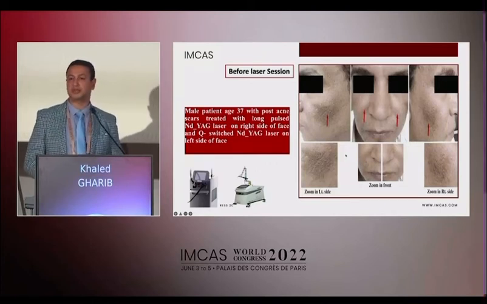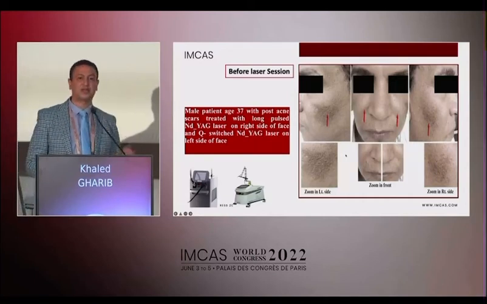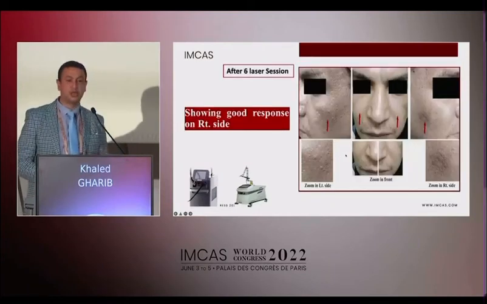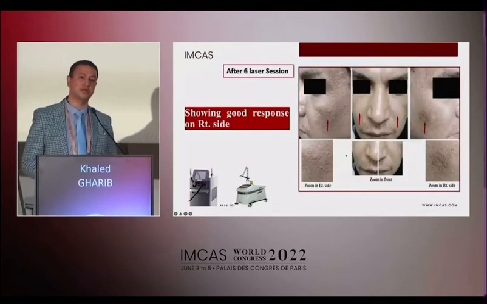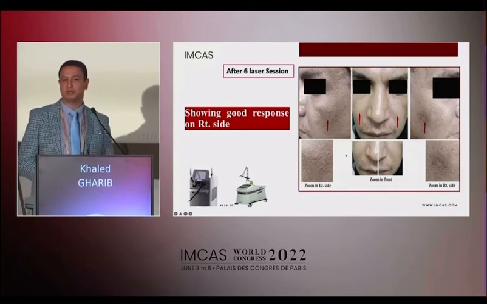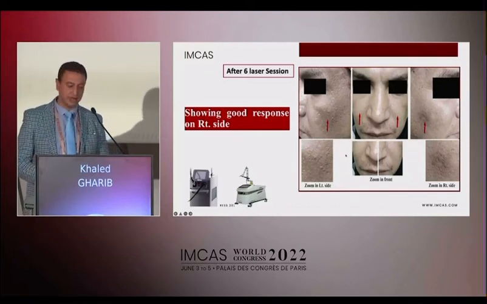I'm not talking about Fitzpatrick type 1 and type 2. So we treated the different types of atrophic scars. Each treatment showed a good result, more on the right side than the left side. The long-pulsed gave minimal side effects and some good results, but not excellent, and the left side was not improved.